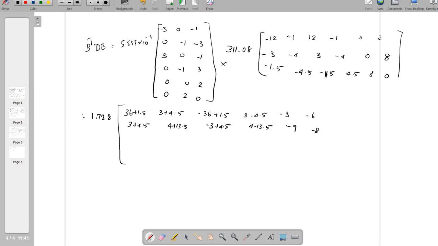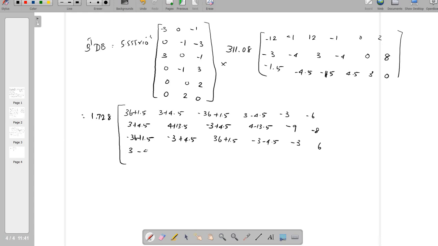The third row with the first column is minus 36 and plus 1.5. Similarly, minus 3 plus 4.5, 36 plus 1.5, minus 3 minus 4.5, minus 3, 6. The fourth row: the first element is 0, so minus 1 into minus 3 is plus 3, and 3 into minus 1.5 is minus 4.5.